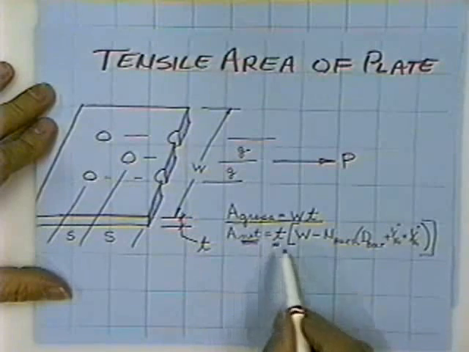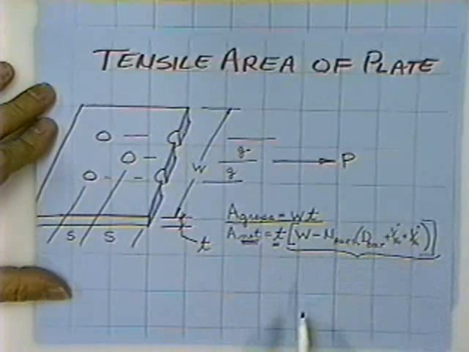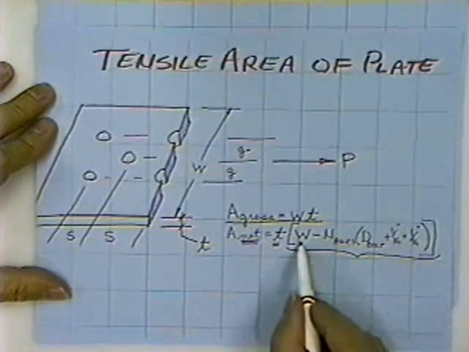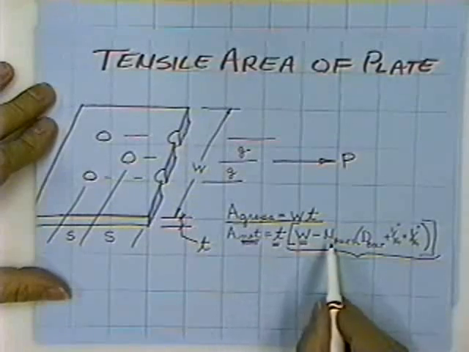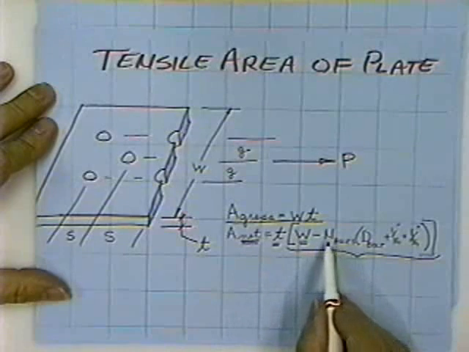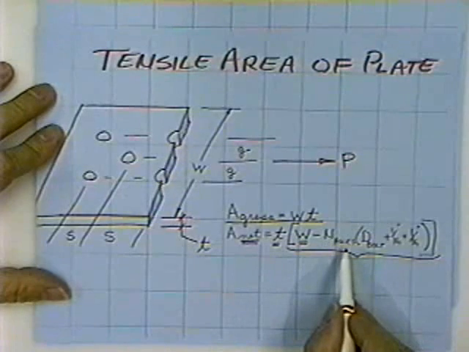The thickness of the plate's still there, and this is the remaining distance across the plate. You take how wide the plate used to be before somebody drilled holes in it, minus the number of holes, which in this case is 2 holes.